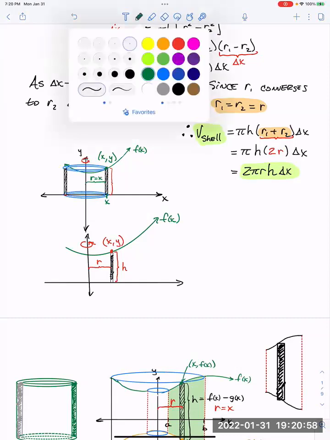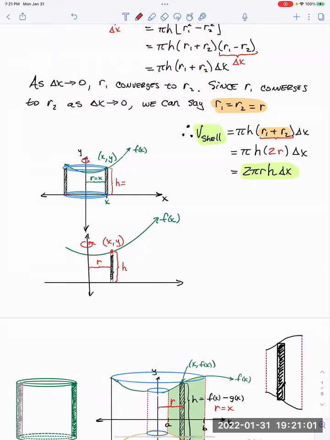So in this case, your height would equal the y value, correct? h would equal y, which is equal to f of x, for that arbitrary shell. And don't forget, what's the thickness of your shell? The thickness of the shell, because it's vertical, is delta x. If your partition was laying horizontally, you'd have delta y's. Because it's vertical, it's delta x.